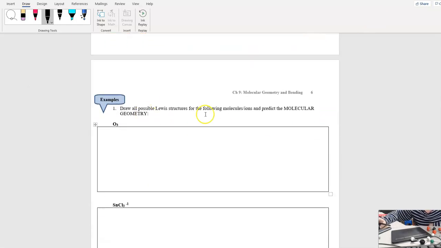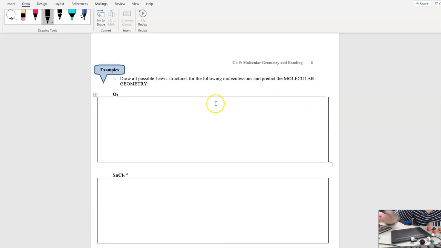Draw all possible Lewis structures and predict the molecular geometry. Well, we already know what ozone's going to look like. Because it can do a resonance structure, we could have this structure with lone pairs, and we're going to draw our double arrow.